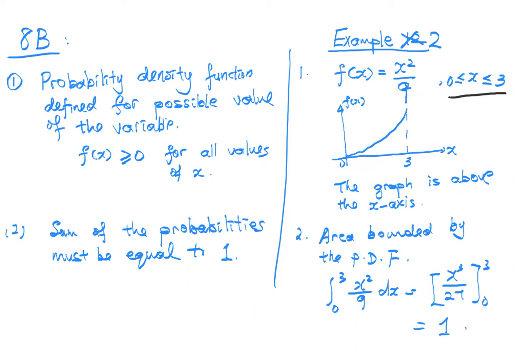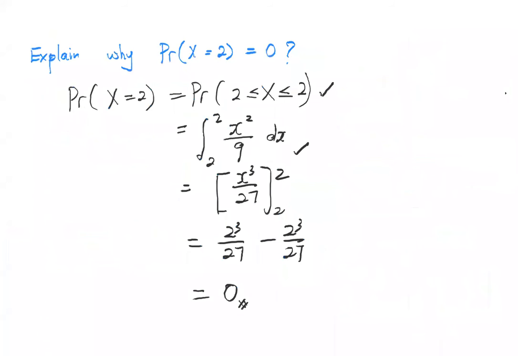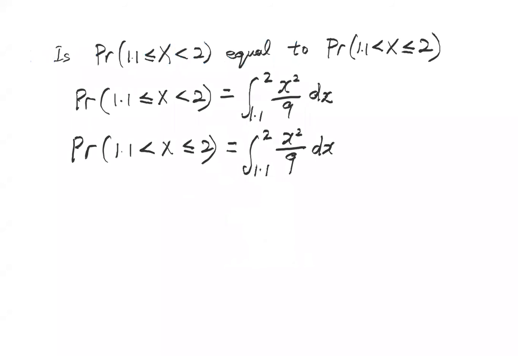Third, the chance for a particular value of a continuous random variable to happen is equal to 0. So if you want to find the probability for a range of values of x defined by that probability density function, you need to use your calculator and integrate.